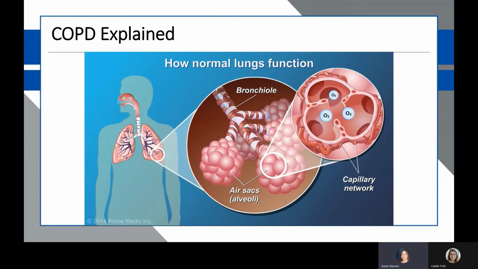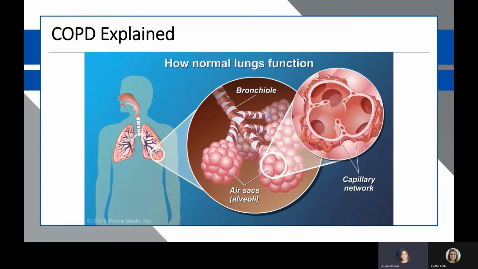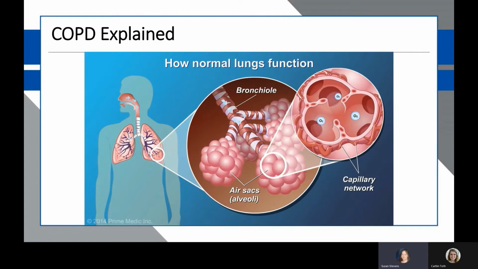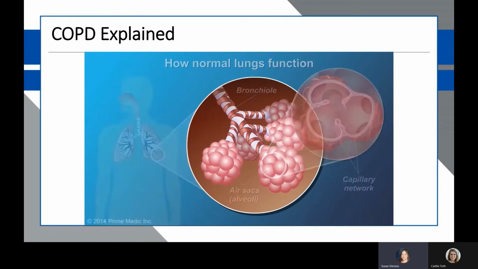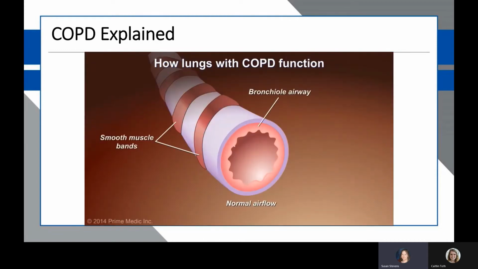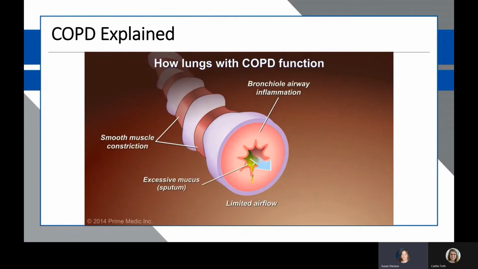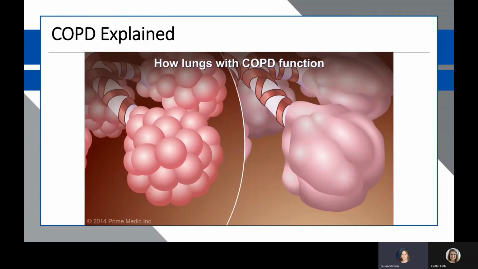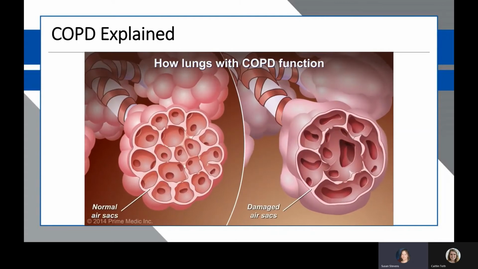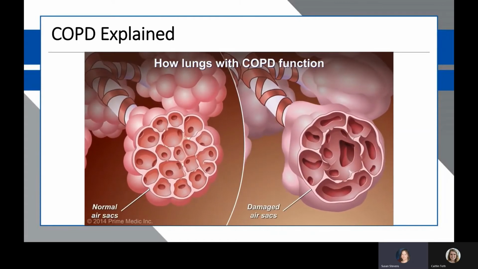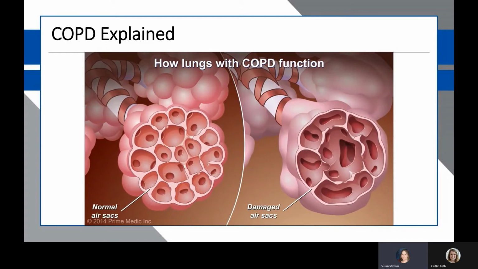Efficient uptake of air into the lungs provides oxygen to the blood, which is then carried to all parts of the body. In COPD, however, the airways become thick and inflamed, and they produce more mucus than usual. This mucus can clog the airways and makes it hard to breathe. In COPD, the walls of the air sacs in the lungs are damaged and lose their elastic quality.